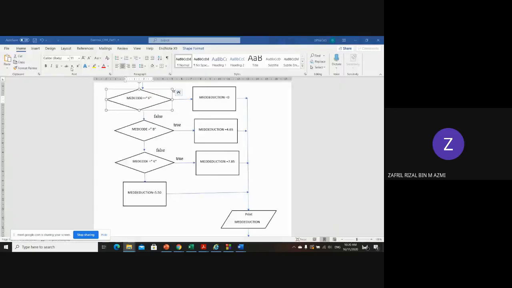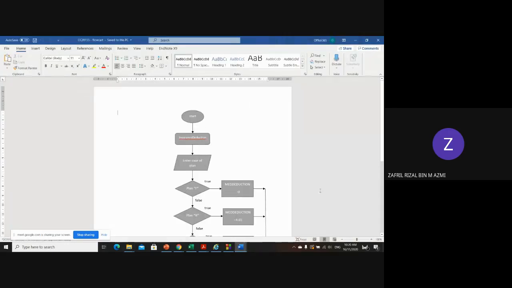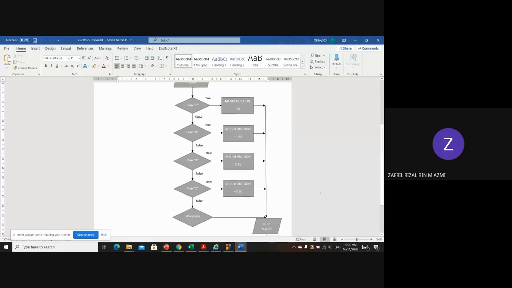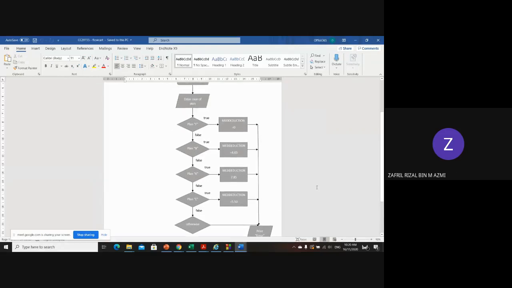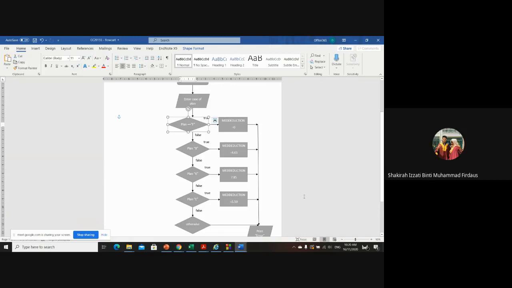Today we are going to refer to the C13 answer. This one, is it correct, class? Wrong. Other than this one, this one is supposed to be equal. The number of decision symbols, is it correct? No. Supposedly there are only 4 symbols, and the last one is not otherwise.